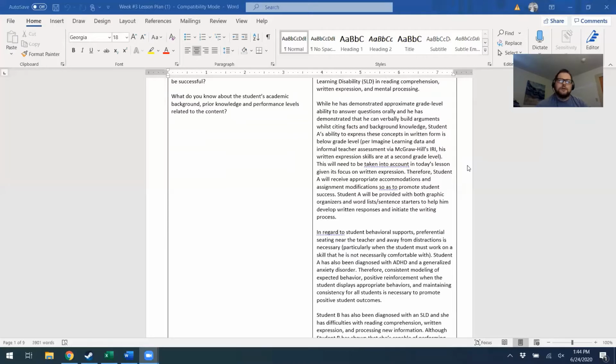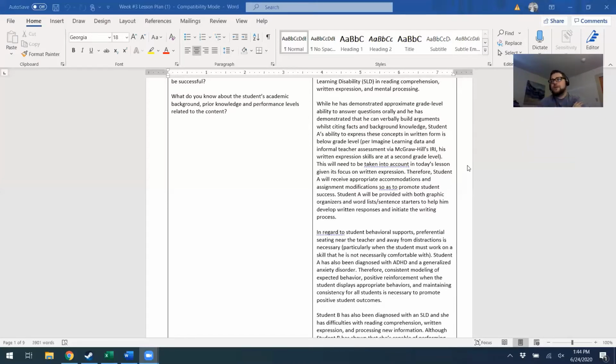Just to give you even a little more context, with this particular student, a lot of times it wasn't so much coming up with the answer, it was figuring out how to write it down. So something as simple as a sentence frame, like "I think that," and then fill in the blank, would really help the student formulate his written response.